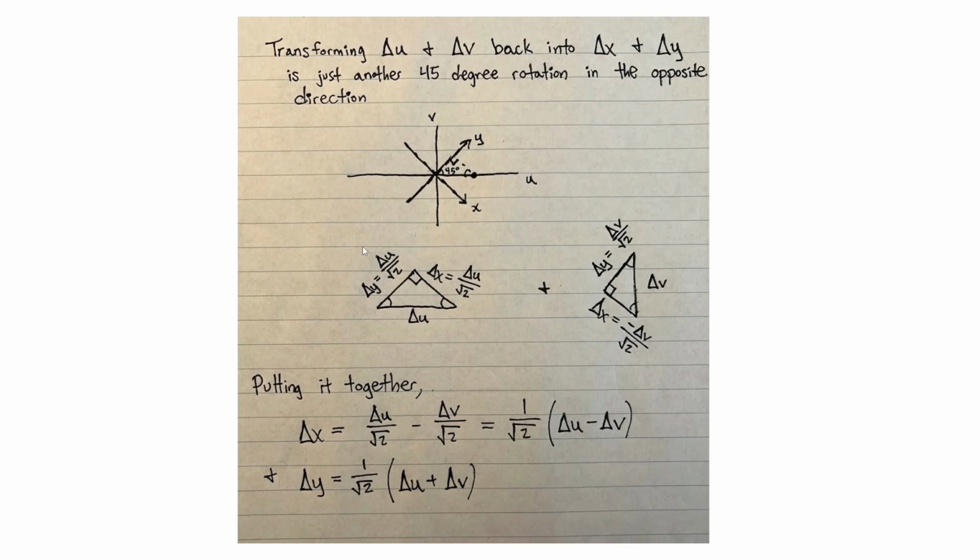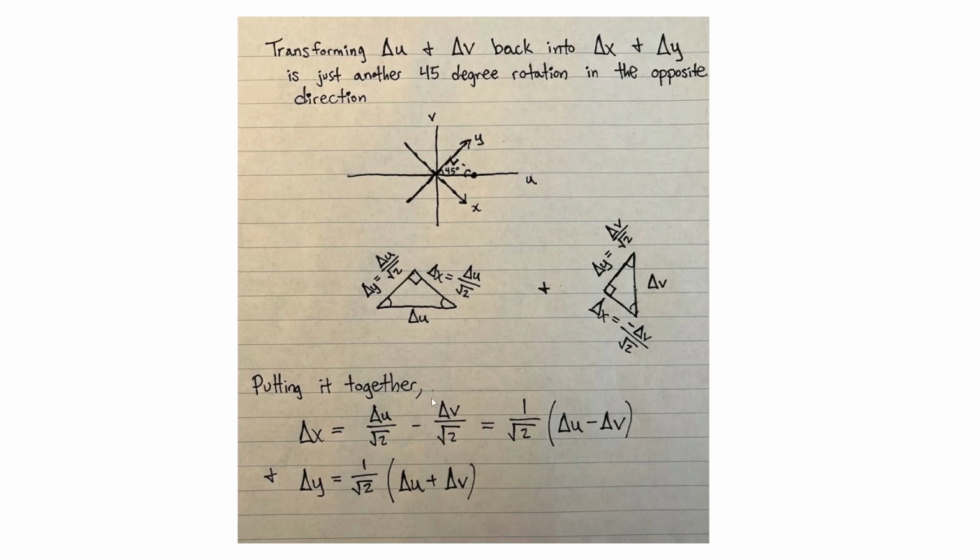Okay, so the math works out if you use the Pythagorean theorem. Delta U splits evenly and contributes to a delta X and a delta Y, and the magnitude of it is just delta U divided by the square root of 2. And same thing over here except with the negative sign.